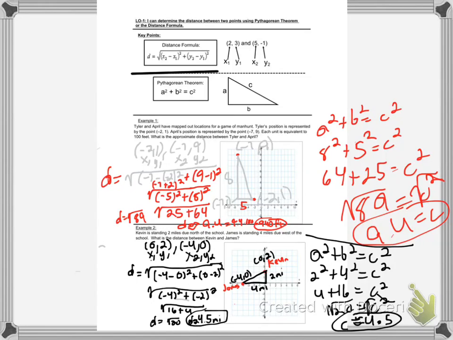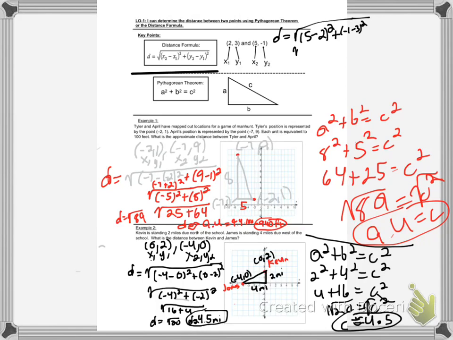So for example, if I want to set up a problem up here, say D equals the square root of parentheses x2, which is 5, minus x1, which is 2, squared plus y2 minus y1 squared.